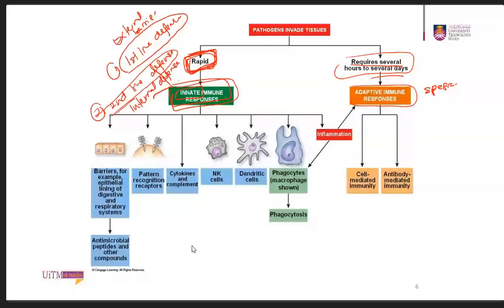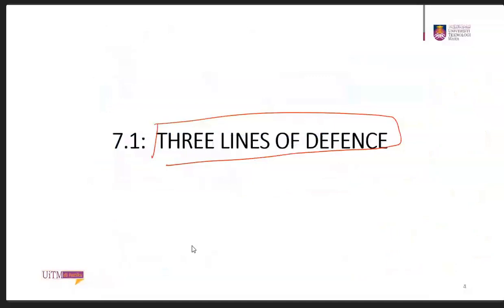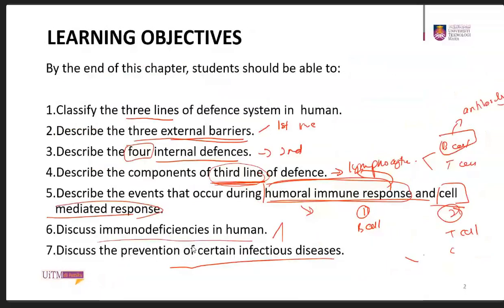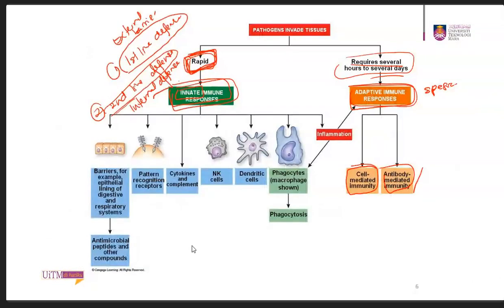Ada dalam objektif ni: humoral immune response. Kita boleh slash kan antibody-mediated immune response ni dengan humoral immune response.